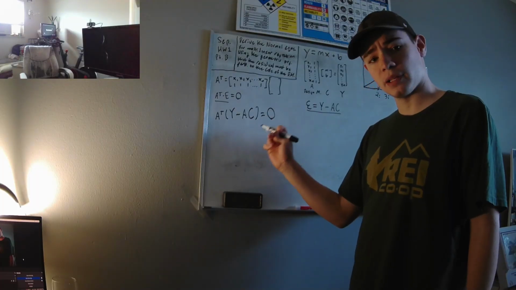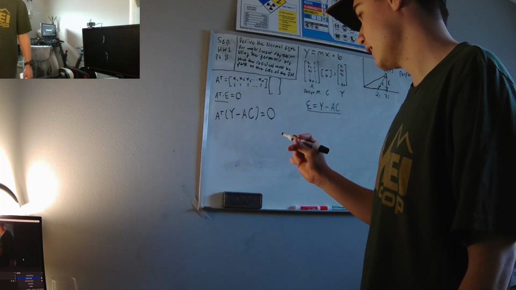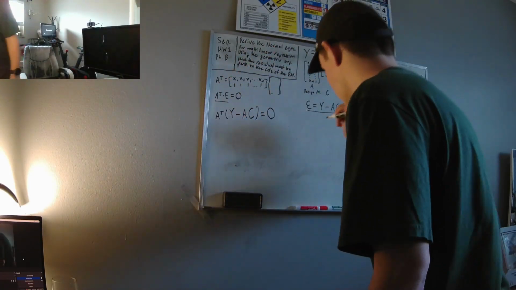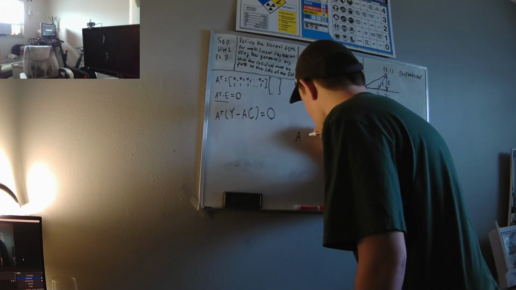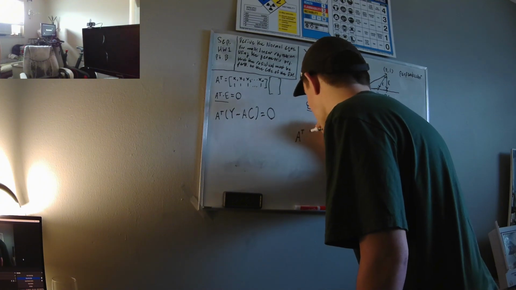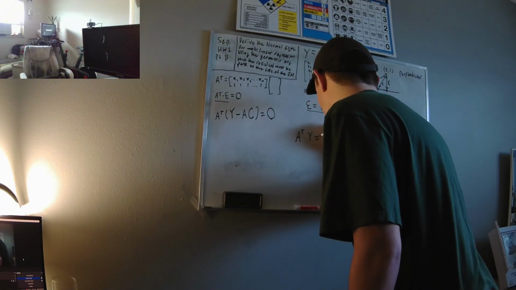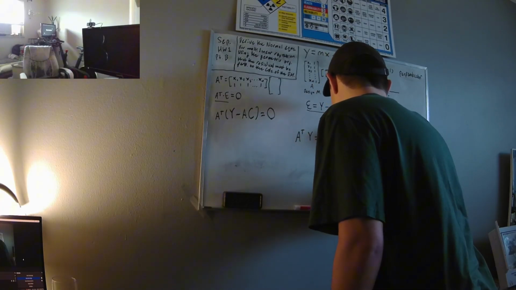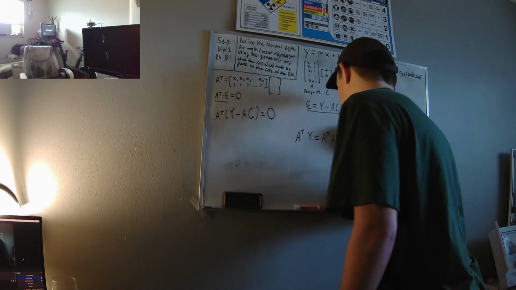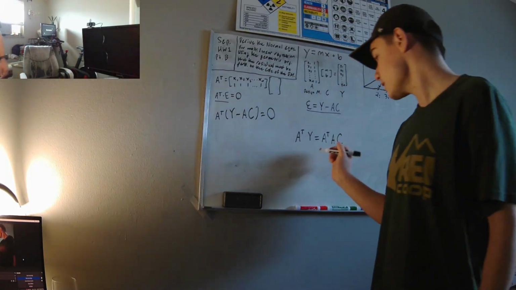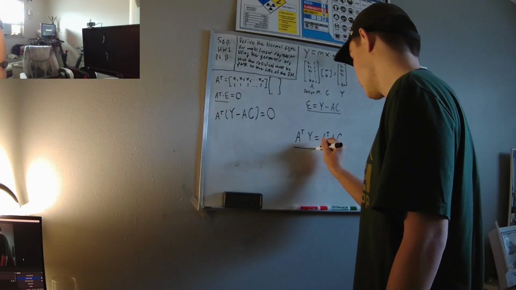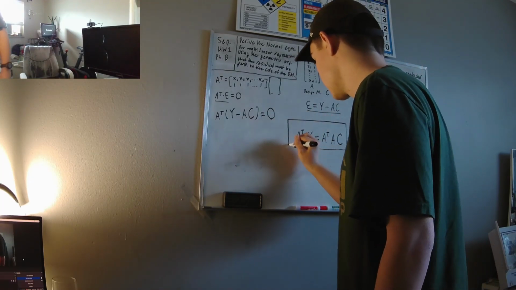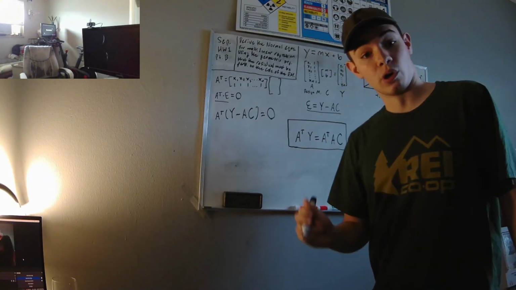Once we multiply this out and separate our variables to either side, we can get A transpose times Y equals A transpose times A times C. Now this right here is the normal equation.